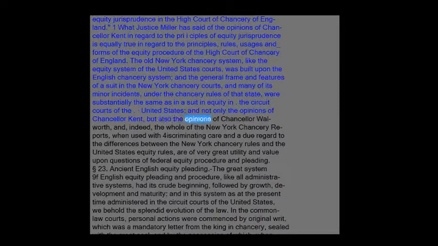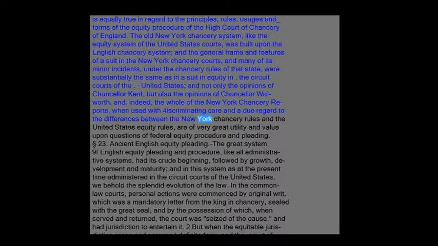Not only the opinions of Chancellor Kent, but also the opinions of Chancellor Walworth, and, indeed, the whole of the New York Chancery reports, when used with discriminating care and a due regard to the differences between the New York Chancery rules and the United States equity rules, are of very great utility and value upon questions of federal equity procedure and pleading.